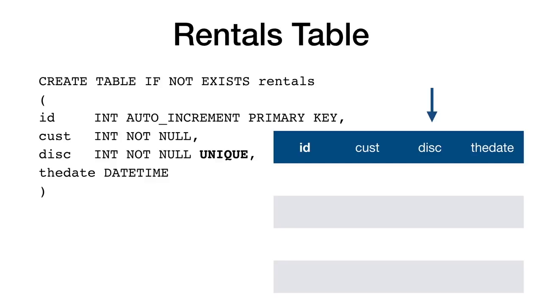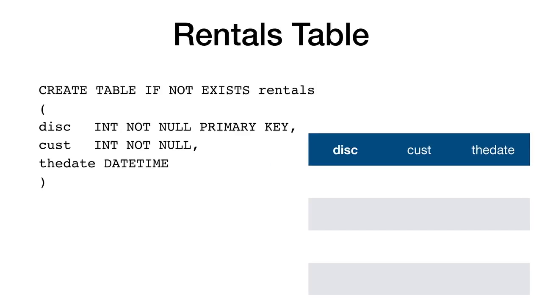That kind of makes sense, but if we think about this table a bit harder, we have the primary key that's unique. If the disks are also going to be unique, if a disk is only going to appear in this table once, then do we really need the ID at all? We could probably do something like this, where the disk is the primary key. So we could say disk number 5 is rented to customer number 4 at this date and time, and disk number 12 is rented to customer number whatever.